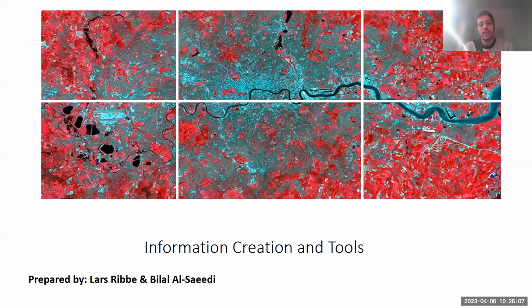So, hi everyone again. Now we can have it as a discussion or as an exercise about the information creation, tools, and data that we use in water resources management.